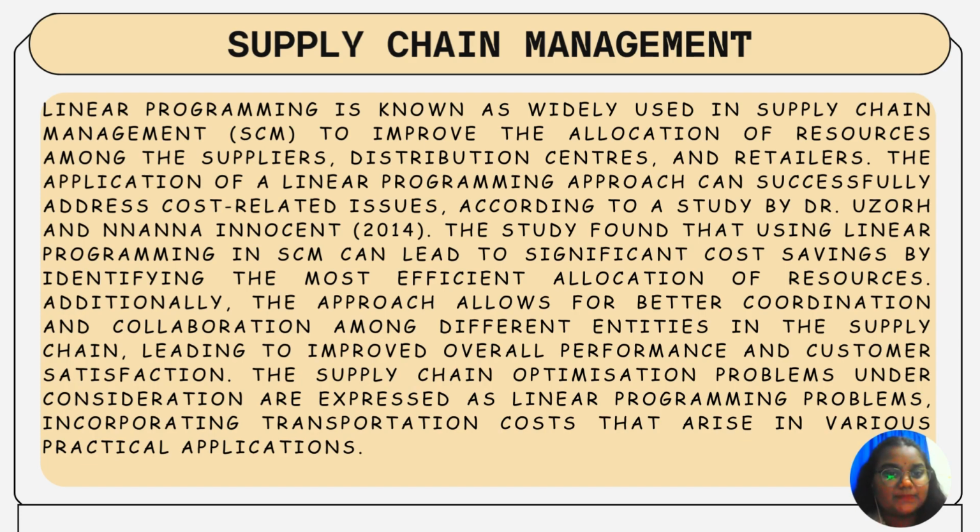Additionally, the approach allows for better coordination and collaboration among different entities in the supply chain, leading to improved overall performance and customer satisfaction. The supply chain optimization problems under consideration are expressed as linear programming problems, incorporating transportation costs that arise in various practical applications.